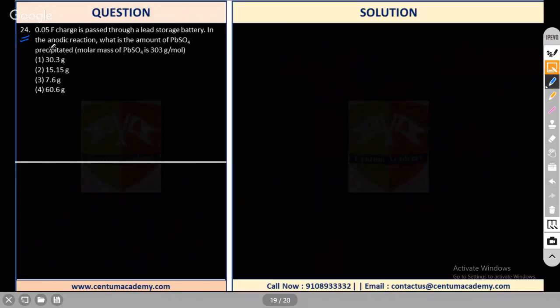Okay, so the reaction here is what? PbSO4 we have, correct. So the solid lead combines with SO4 2 minus and forms PbSO4, and 2 electrons go out. Okay, so the question is, 0.05 Faraday charge we are taking, right?